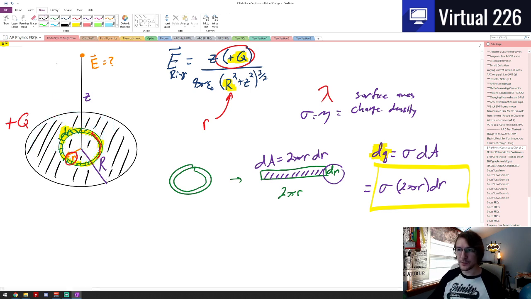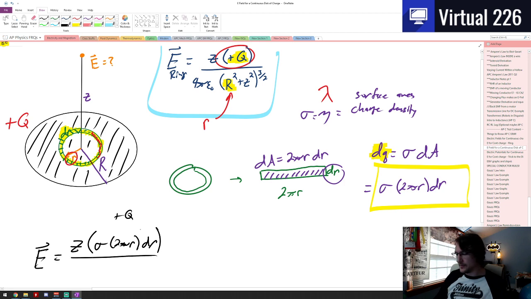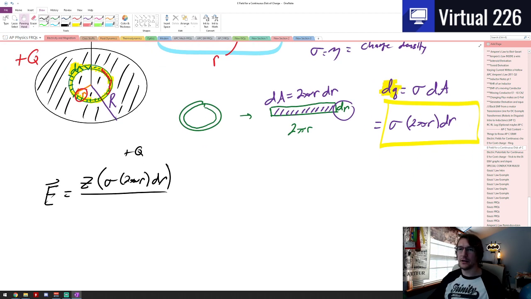So what I'll be able to say here is that the electric field given by a thin ring of charge is going to equal, and kind of rewriting what I have up top in this box right here, I can rewrite this as z times, and then my value of Q is going to become sigma times 2 pi r dr, that's all of the positive Q that I had, divided by, and then in my denominator here, I'm going to have the 4 pi epsilon naught again.